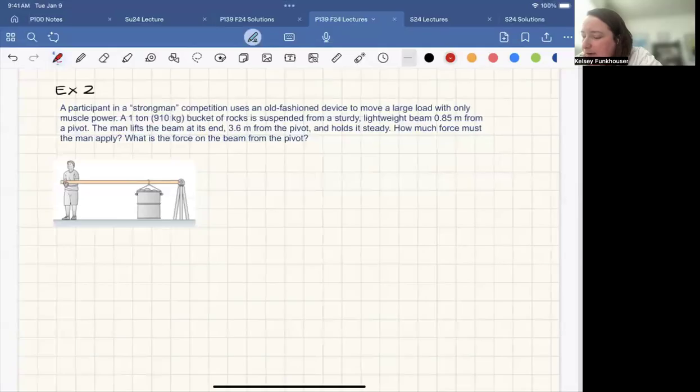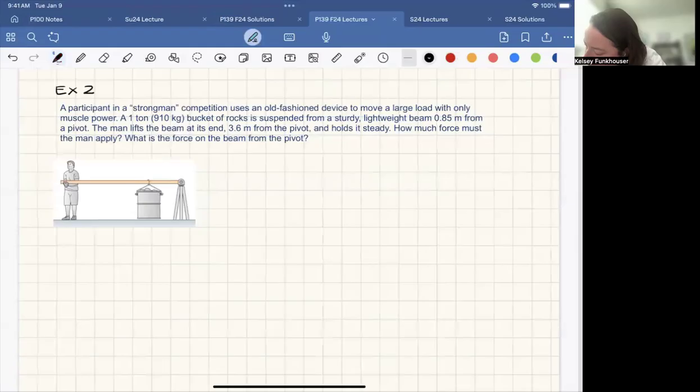A 1 ton or 910 kilogram bucket of rocks is suspended from a sturdy, lightweight beam 0.85 meters from a pivot. The man lifts the beam at its end 3.6 meters from the pivot and holds it steady. How much force must the man apply, and what is the force on the beam from the pivot?